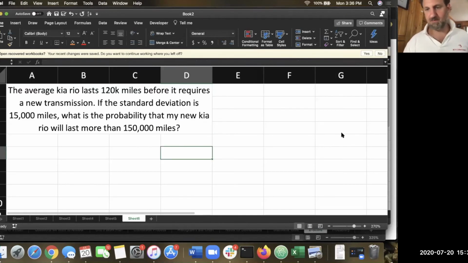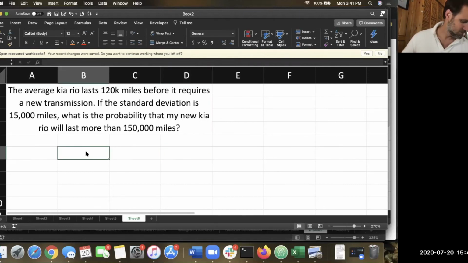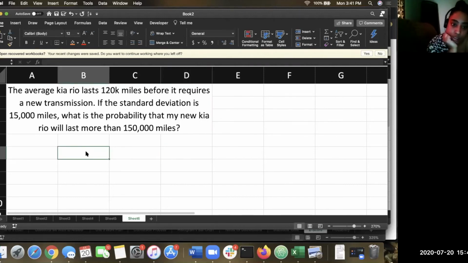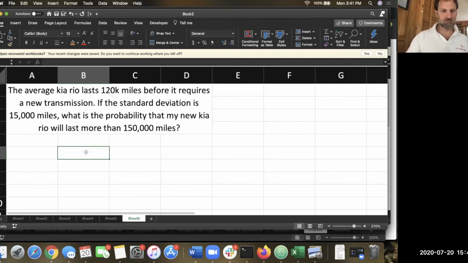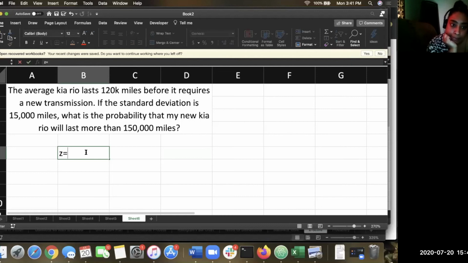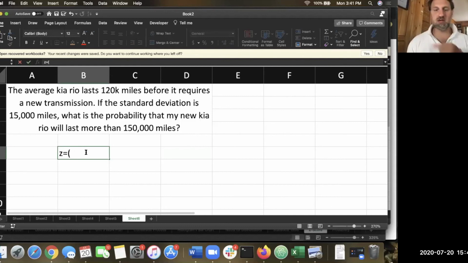Okay, this is a sample type of question. I'll give you some time to work through that. Z equals 15,000 miles. So the 15,000 is not going to go there because 15,000 is a standard deviation. You mean 150,000?